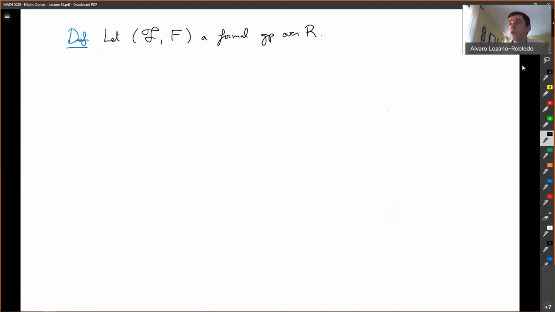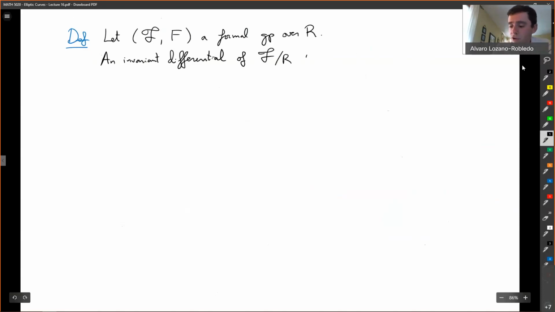But in general, an invariant differential on the formal group is a differential form.